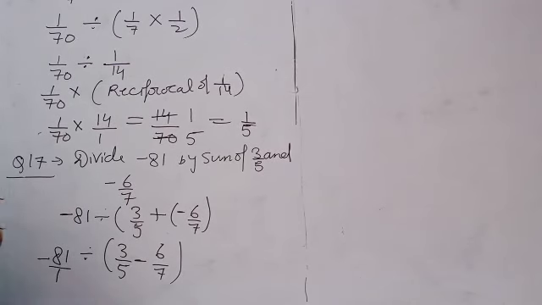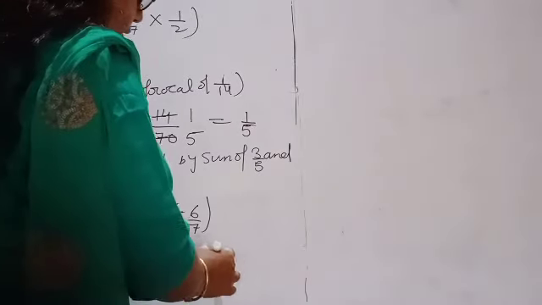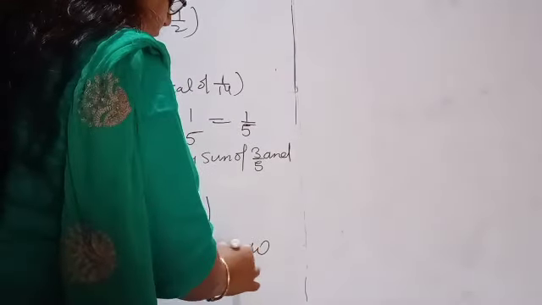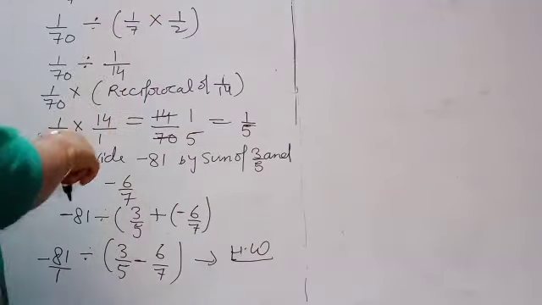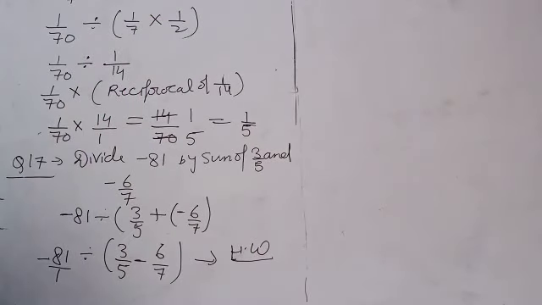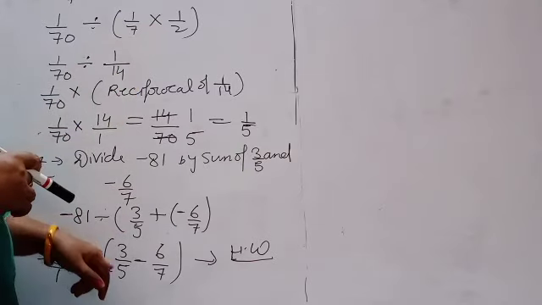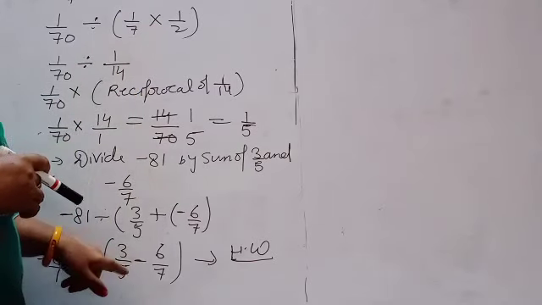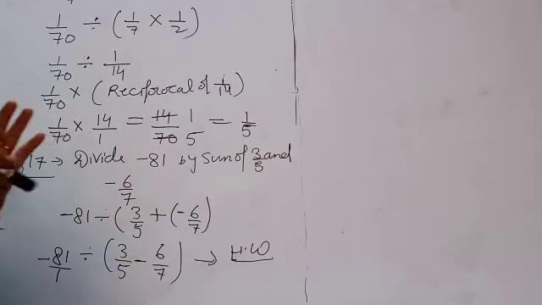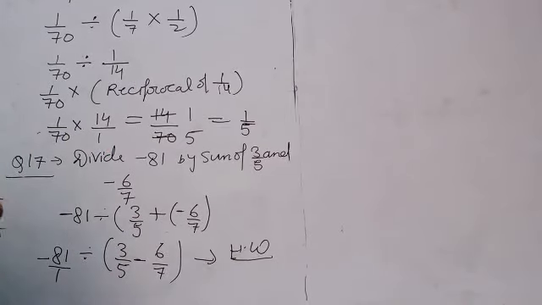In this way, you will complete this one also in your homework. The further procedure is the same as I have just done in the previous question. So in place of multiplication, you have to do the subtraction, and subtraction we have already learned. Okay, so complete this one also.